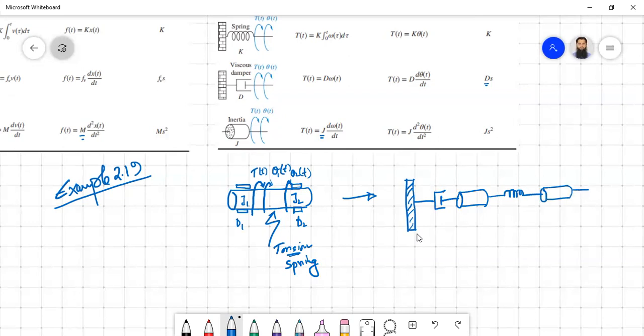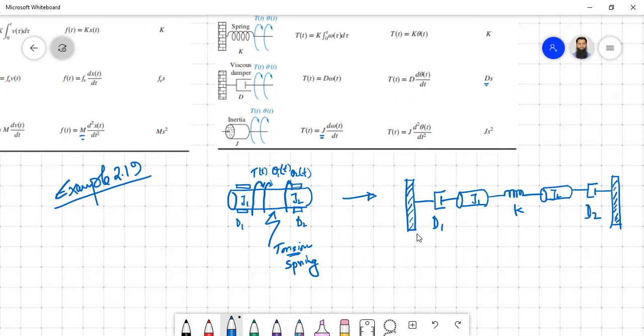Then the second inertia is held by the other bearing, D2, and you have another mechanical reference. So this is the schematic diagram from the physical diagram in the mechanical domain. This is your D1, this is J1, this is J2, this is K, and this is your D2.